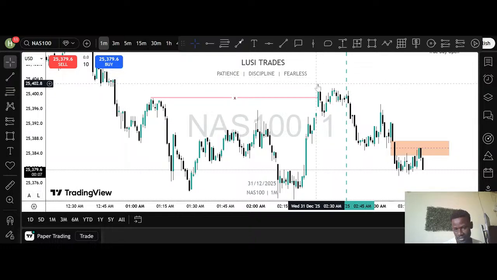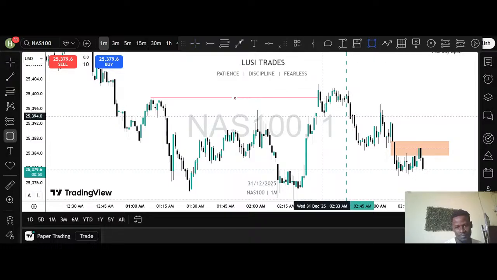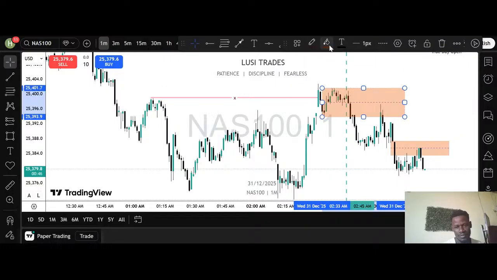So I wanted to see if it can trade above this high, but then this low, failure, low speed and distance, and then we trade back into it. So this was kind of a mitigation block on a lower time frame.